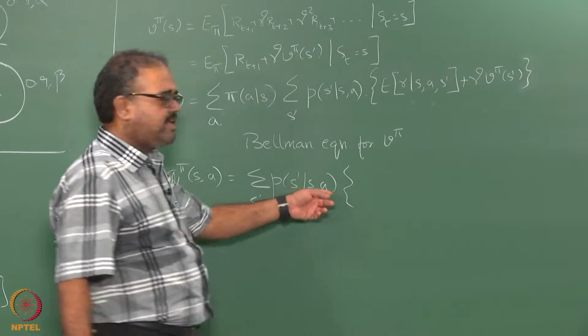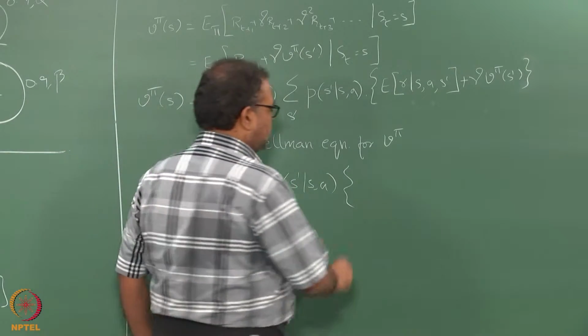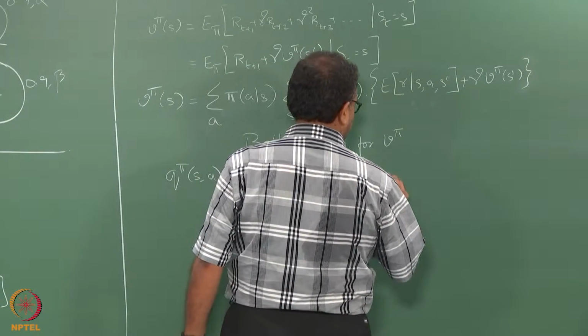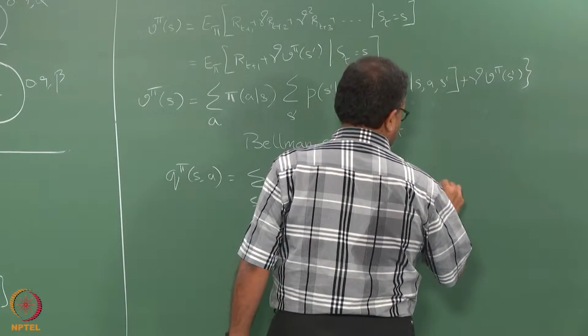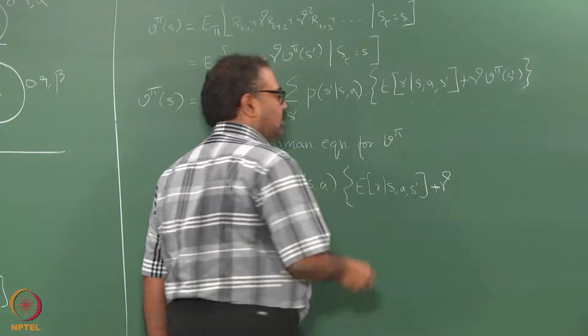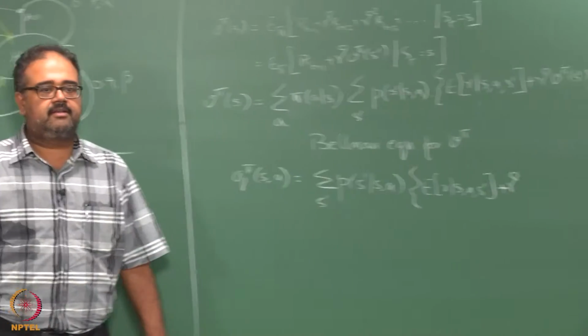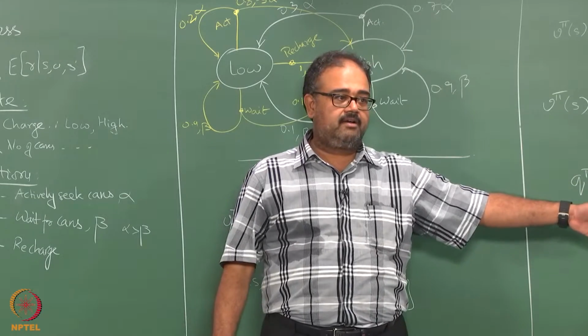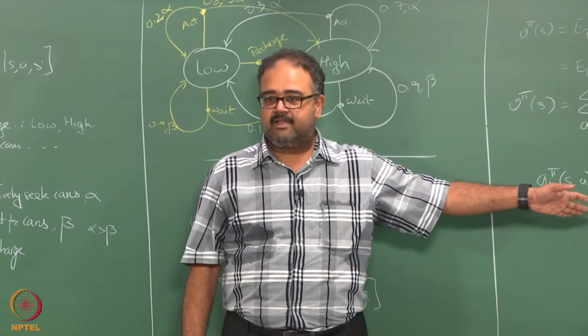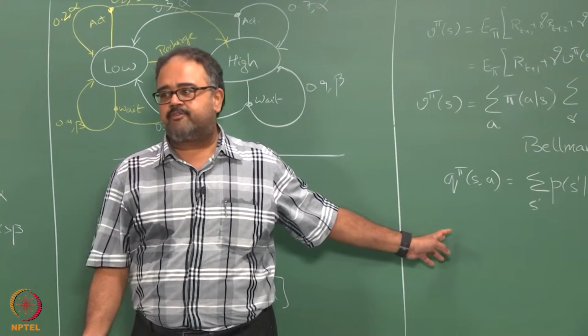Now S, A, S prime are all fixed. So I can write expected value of R given S, A, S prime, plus gamma times... Now the interesting question is what goes there. I could write V pi and it will be perfectly correct, but I will not be writing Q pi in terms of Q pi.